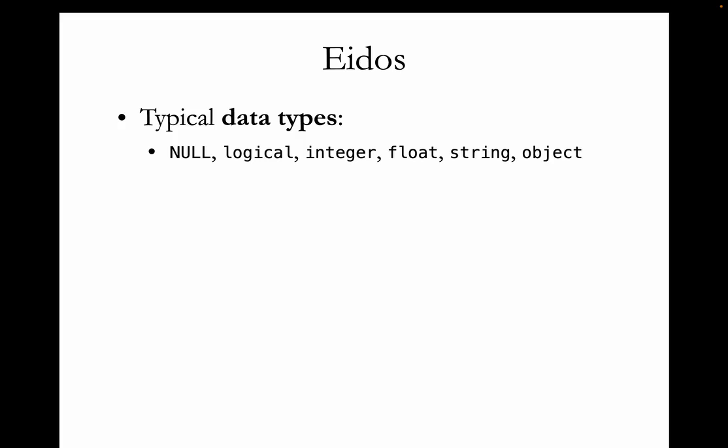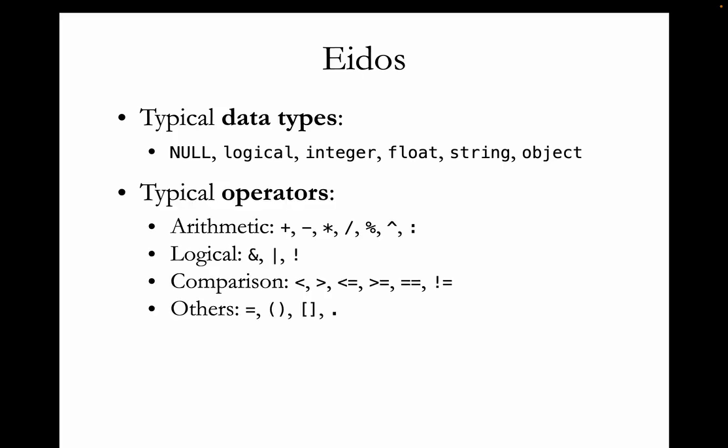The Eidos scripting language was created for SLiM, but as I mentioned before, it's based on R, and it's quite easy to get into if you've worked with R, Python, C, or really any mainstream modern language. It has a pretty unsurprising set of data types: null to represent the absence of a value or to request a default value, logical for Boolean true-false values, integer for whole numbers and float for floating point numbers, string for text strings, and object for everything else, including individuals, mutations, subpopulations, and so forth, all the entities that you're actually simulating.